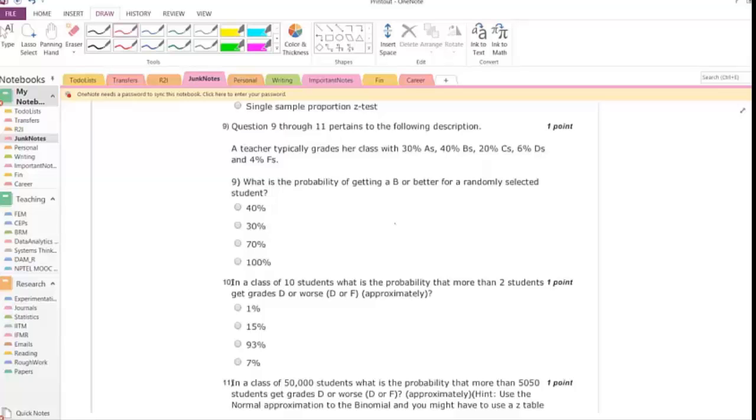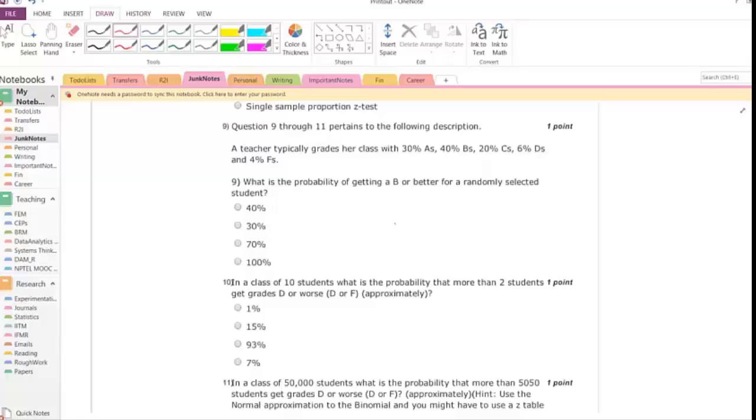And the important hint here is that you're asking about the probability that more than 2 students get this. It's a binomial distribution, and so it's a discrete distribution. So you could get an answer for the probability that exactly 2 out of 10 students get grades D or worse. But that's not what is asked.